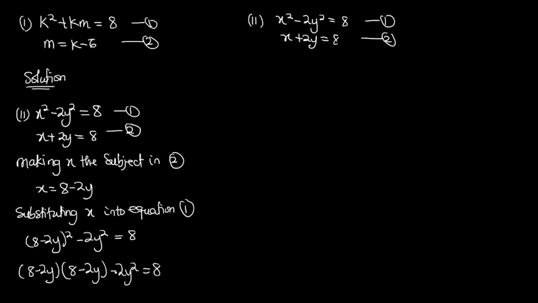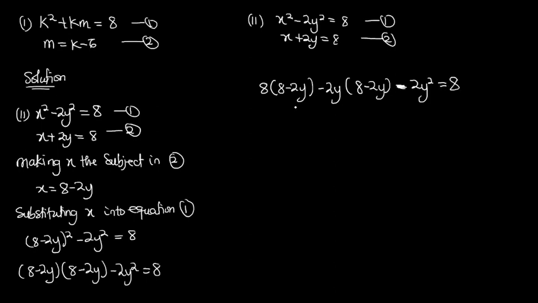So from here, I can go ahead and expand the bracket. So I'll have 8 into bracket 8 minus 2y. Then I use the negative 2y to also multiply the bracket. So negative 2y, 8 minus 2y. And this minus 2y squared is equal to 8.